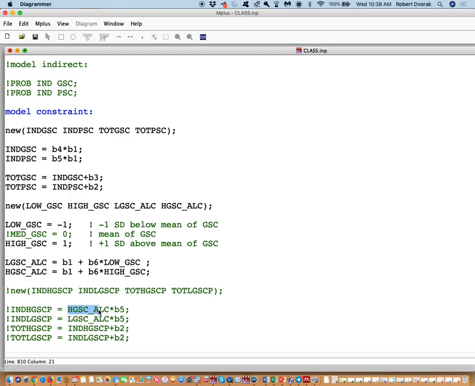So this is when good self-control is high, this is when good self-control is low, times the relationship between poor self-control and alcohol use in both cases, right? If we do that, that will give us our indirect effects from poor self-control to alcohol problems at high levels of good self-control and low levels of good self-control.